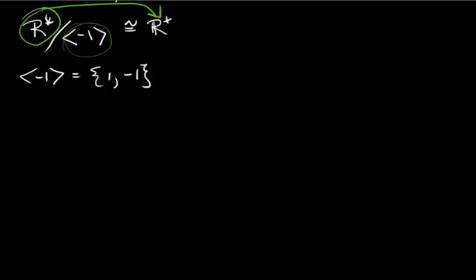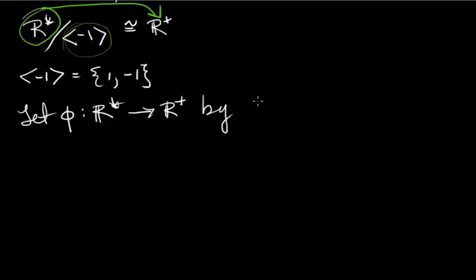So let's define our map. Let phi map the non-zero reals to the positive reals by, well, let's take the absolute value. Phi of x is equal to the absolute value of x. You can see that that's definitely a mapping onto the positive reals. All positive reals are the absolute value of something.